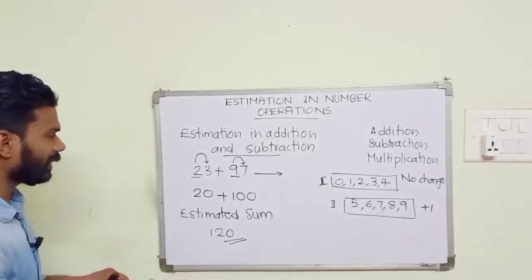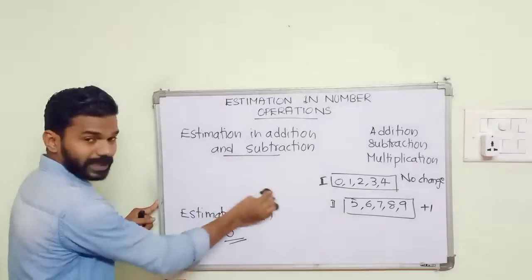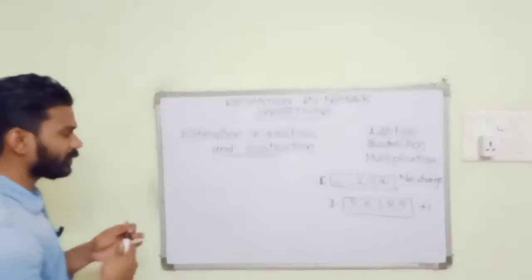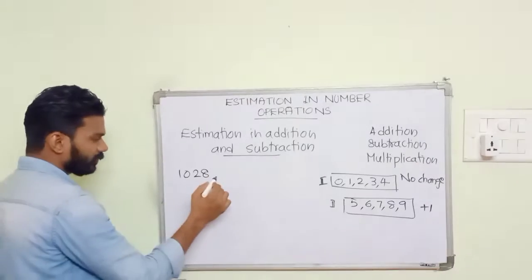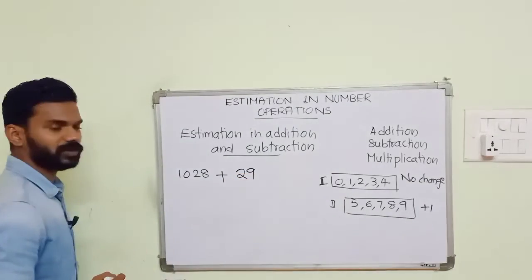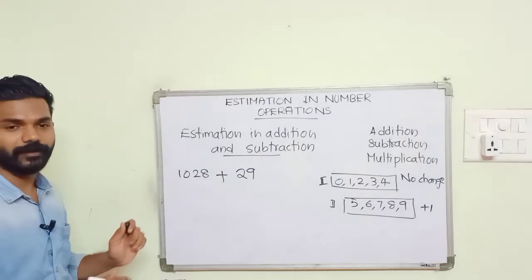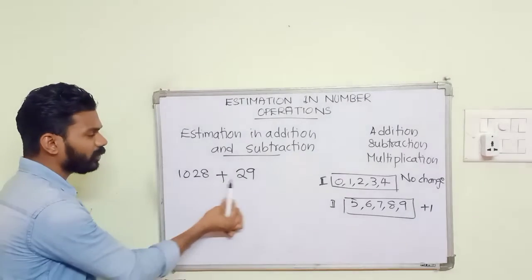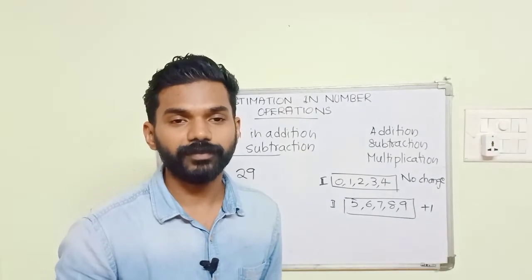Now let's take another example and understand this rule of estimation in sum and difference in a deeper manner. I am considering another addition, 1028 plus 29. We don't want to find the actual sum, but instead we need to find the estimated sum. To find it, first of all you need to round off both these numbers to the same place value.